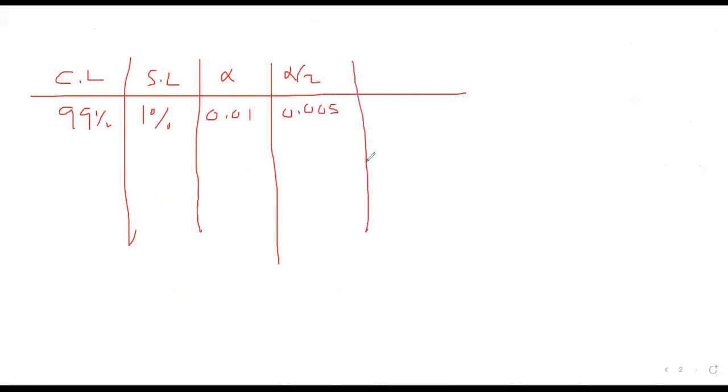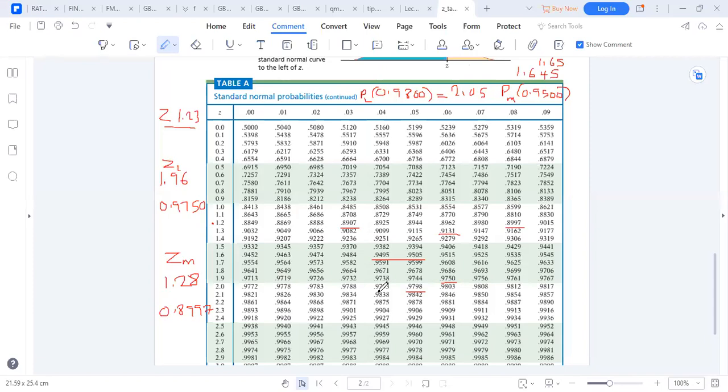When you subtract it from 1, we get 0.995. Then let's read this from the table inside. Which one is equivalent to 0.995?